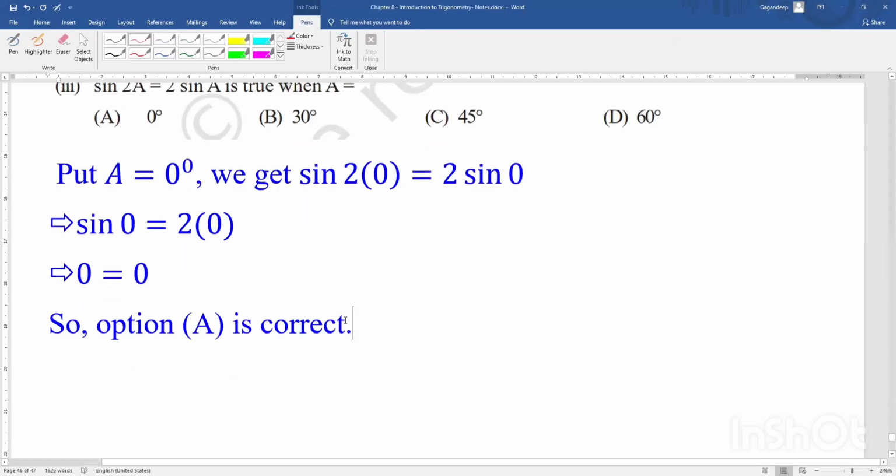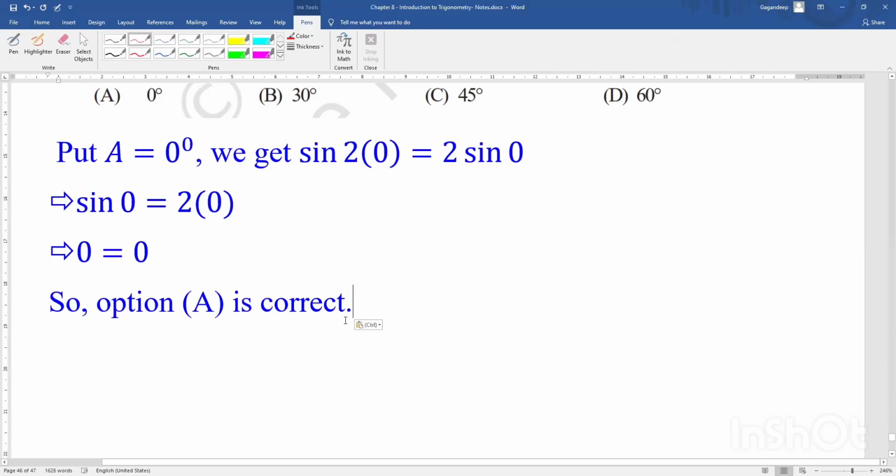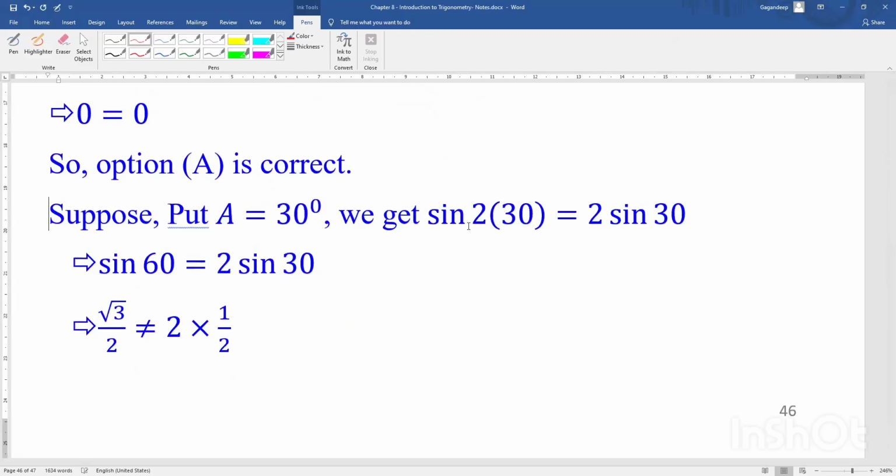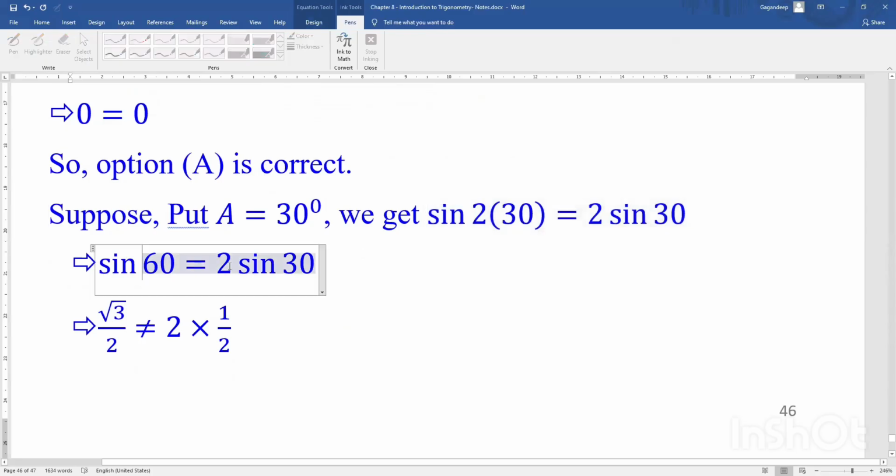Okay. Now, suppose if I put A as 30 degree, we get sin 2 into 30 degree equals to 2 sin 30, so sin 60 equals to 2 sin 30. So sin 60 is root 3 by 2, and sin 30 is half, so 2 into half is 1, which is not equal.